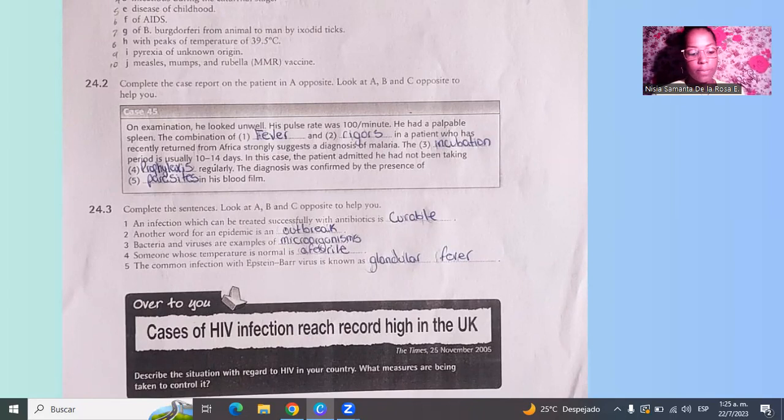The incubation period is usually 10 to 14 days. The patient admits he has not been taking prophylaxis regularly. The diagnosis was confirmed with the presence of parasites in his red blood cells.